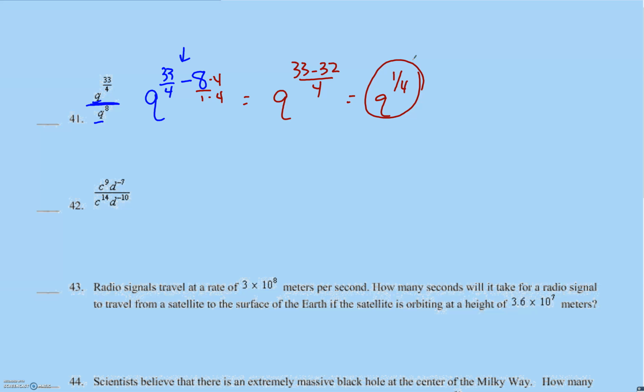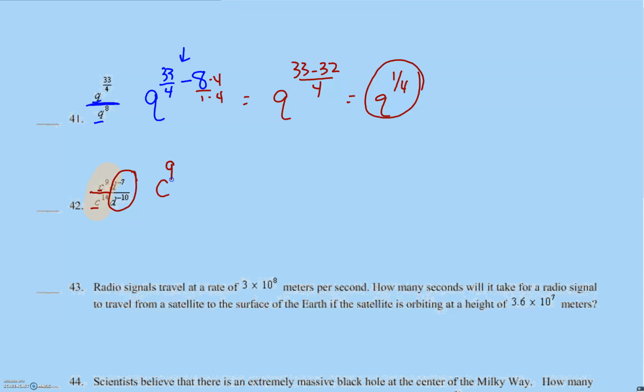42, we're going to do the exact same thing for both pieces. So when I look here, I have my C's and I have D's. So my C's, I can subtract, dividing powers, same base.